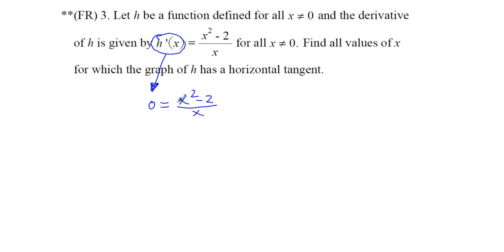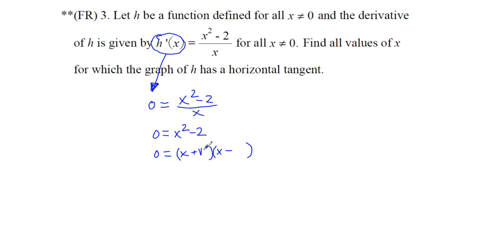And so we know that this is going to be a true statement when our numerator is worth 0. So if we say 0 is equal to x squared minus 2, we can actually factor this using the difference of squares. The square root of x squared is x, and then we have plus minus the square root of 2.